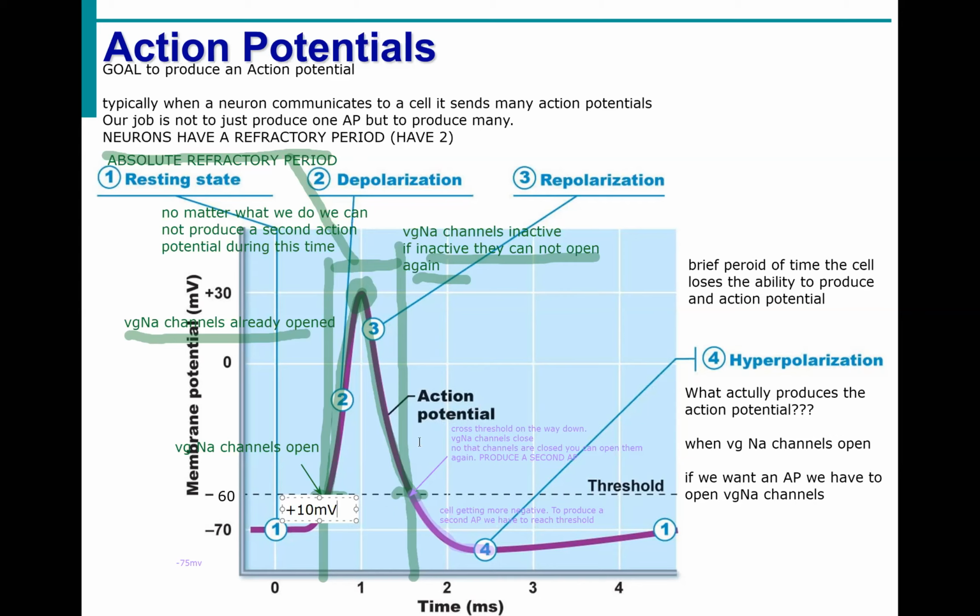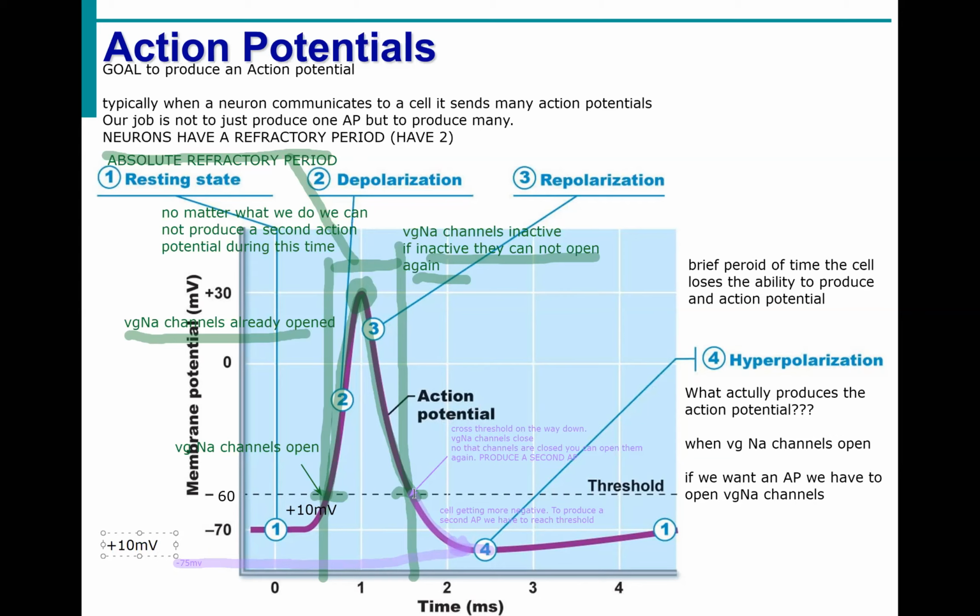If the cell is down here at negative 75 millivolts, can we give it that same plus 10 millivolt signal and get it to reach threshold? Well, changing it 10 millivolts at negative 75, get it to threshold? No.